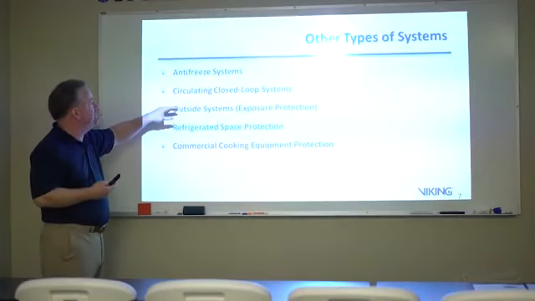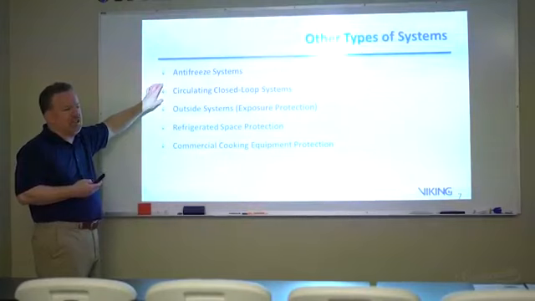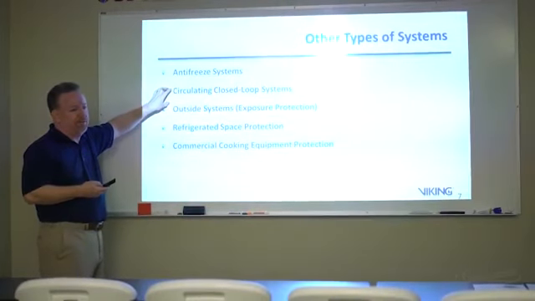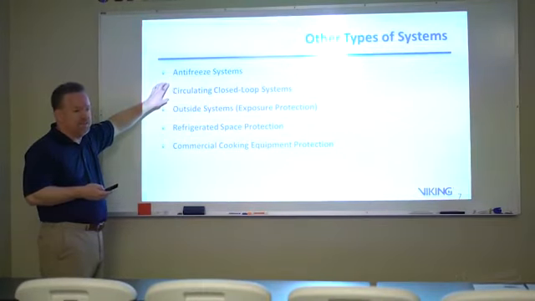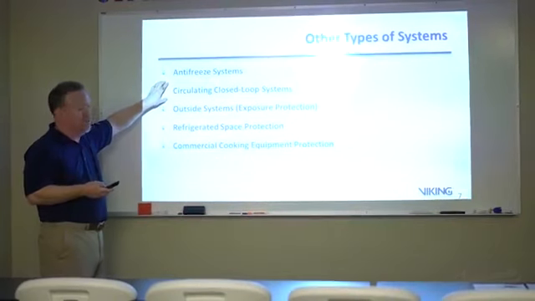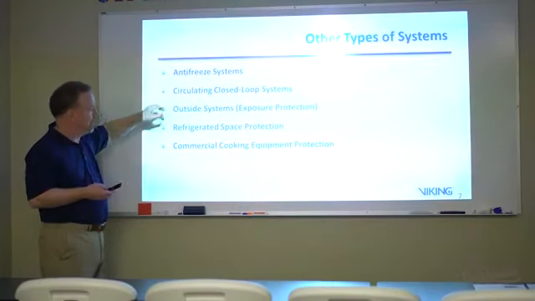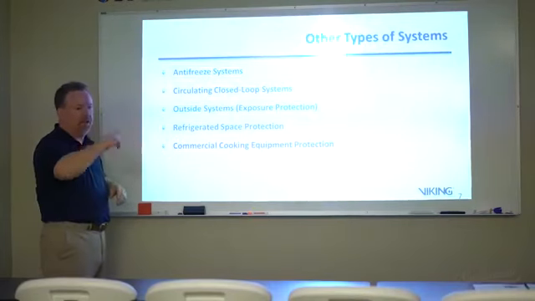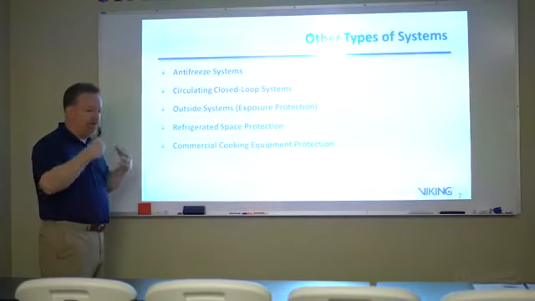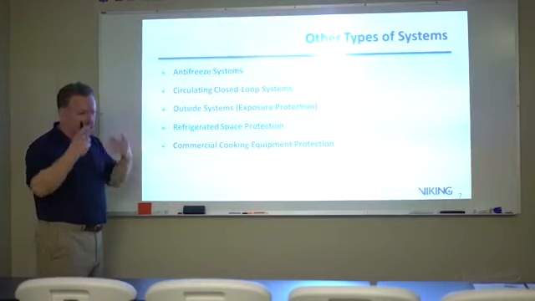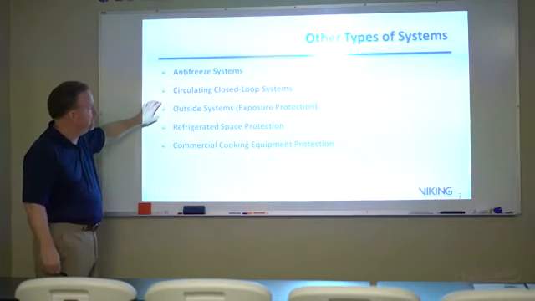Circulating closed loop systems, these particular systems take water off of heating systems and things like that that are already in there. Don't see much of these ever. They came in somewhere in the 80s. They take water from closed loop heating systems and things like that for the sprinkler system.